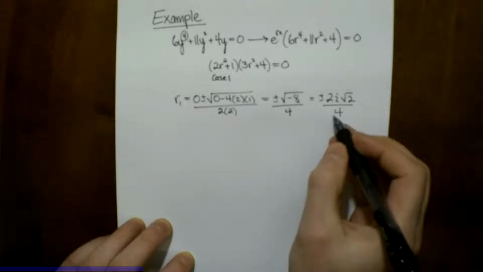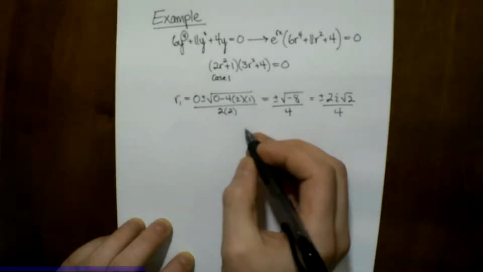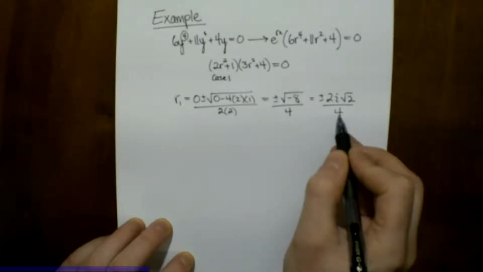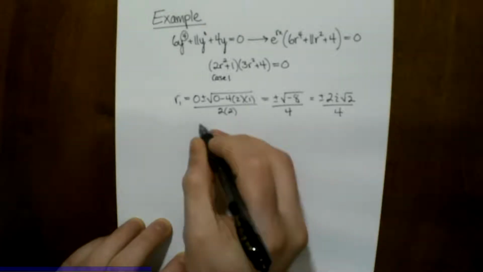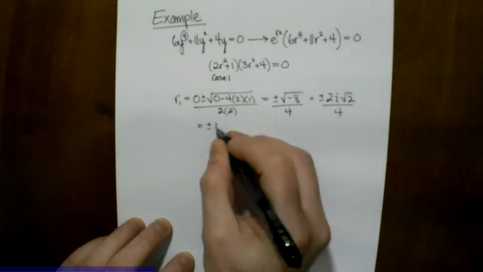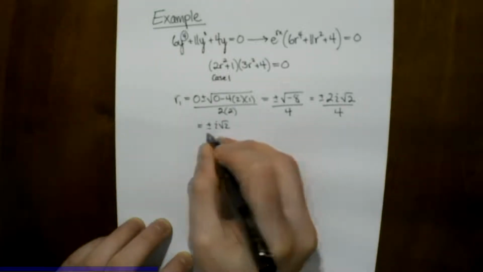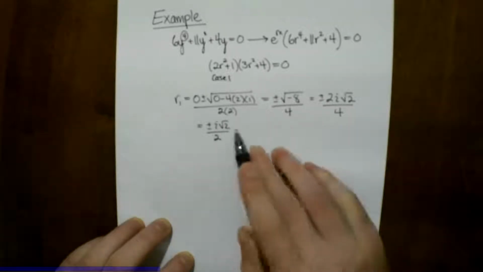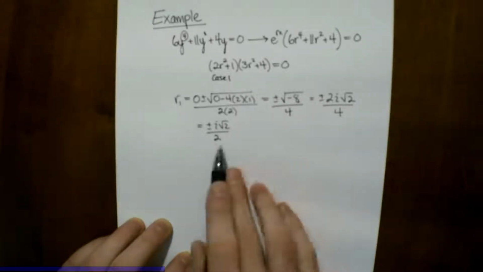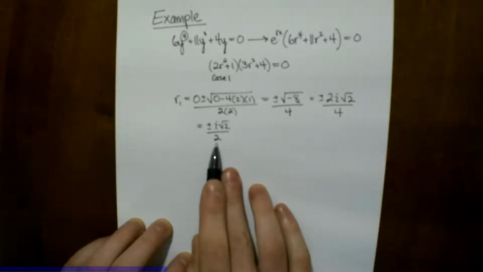In this case, we can reduce the factor of 2 in the numerator with one of the factors of 2 in the denominator, and this then becomes plus or minus i root 2 over 2, and I have one factor of root 2 in the numerator, and this is 2 factors of the square root of 2.